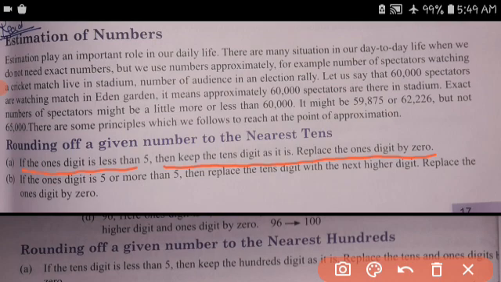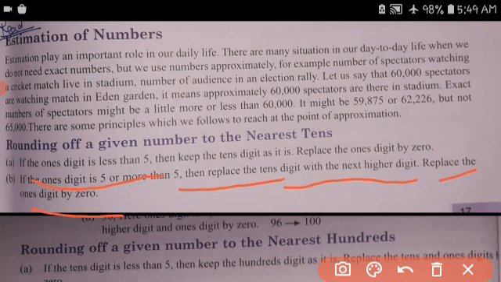If the ones digit is 5 or more than 5, then replace the tens digit by the next higher digit and replace the ones digit by 0. For example, 96 is equal to 100.